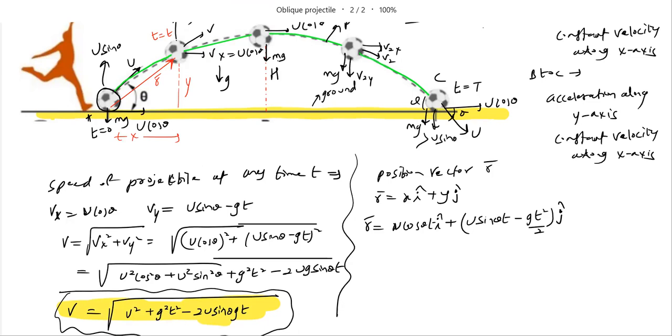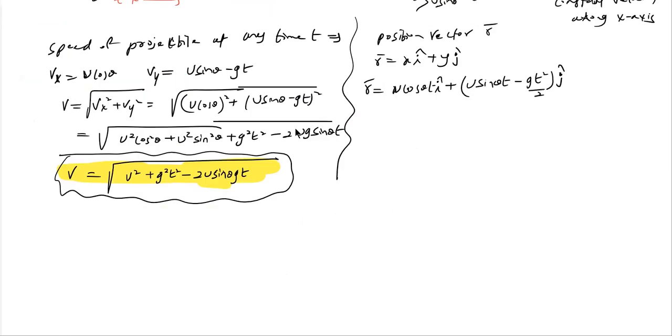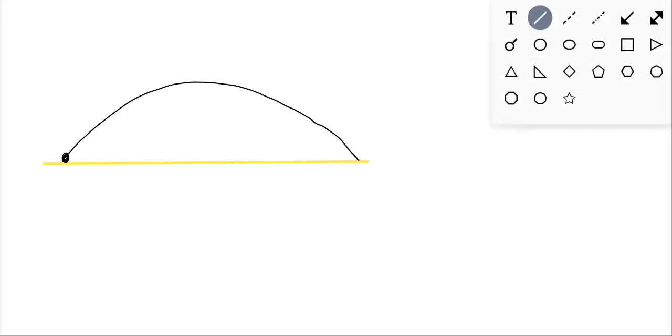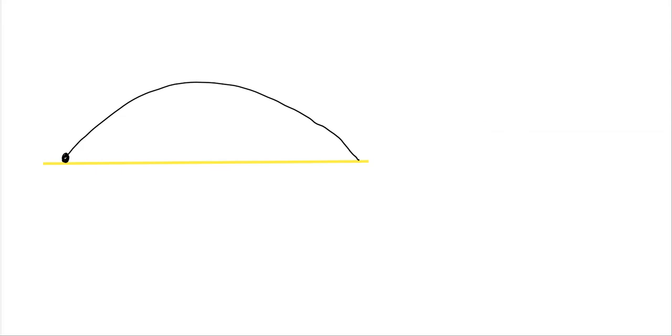So there's a difference between the position vector and the path length in the projectile. Let me give a better explanation. When we throw any ball or stone, it will move in a parabolic path. You can see all the things clearly.